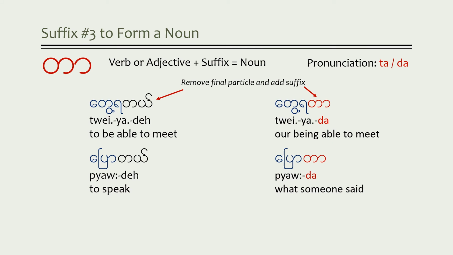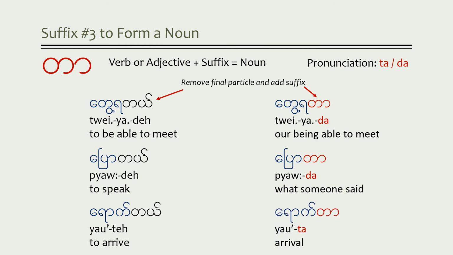Now, the word for a speech or a discourse given is not the same, nor is the word that means the ability to speak, speech. This is used to refer to something someone said. Lastly, to arrive is yaute, which makes arrival yauta.